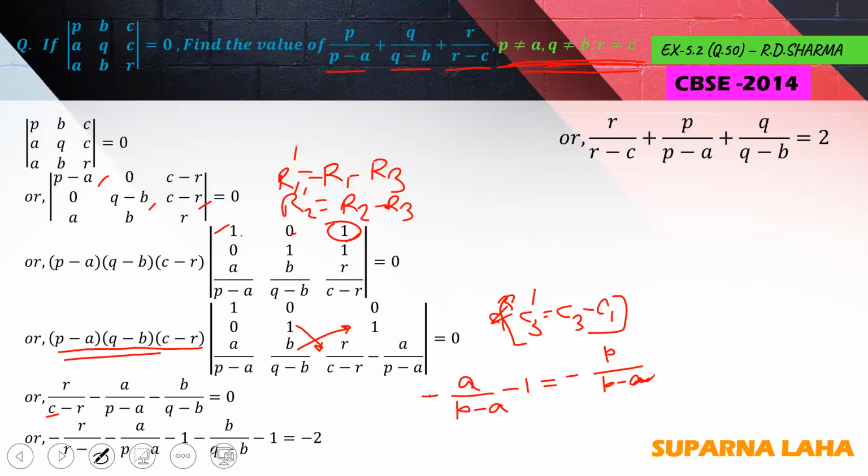And then moving to the next one, this is minus b by q minus b minus 1, so it is minus of q by q minus b. Now look at here, minus of r by r minus c, minus of this, minus of this. So take minus common, so all the terms will be positive. So r by r minus c plus p by p minus a plus q by q minus b is equal to 2. So this is the value.